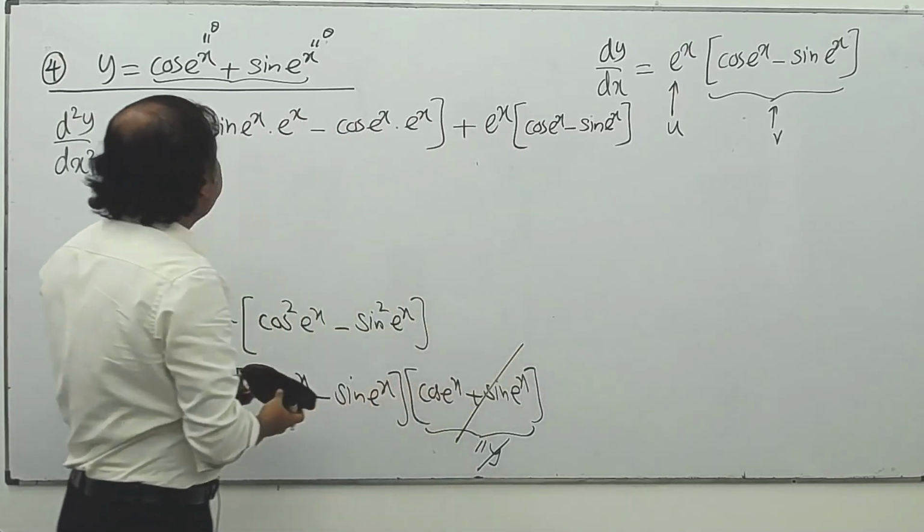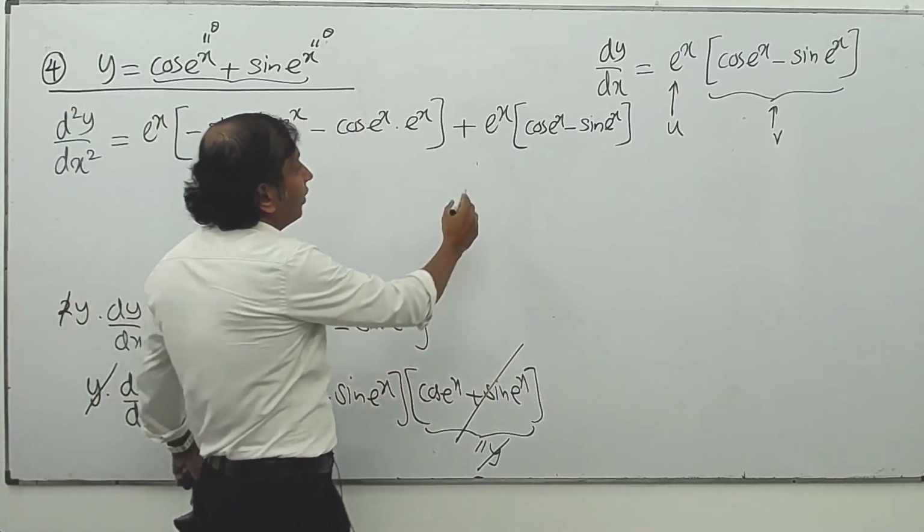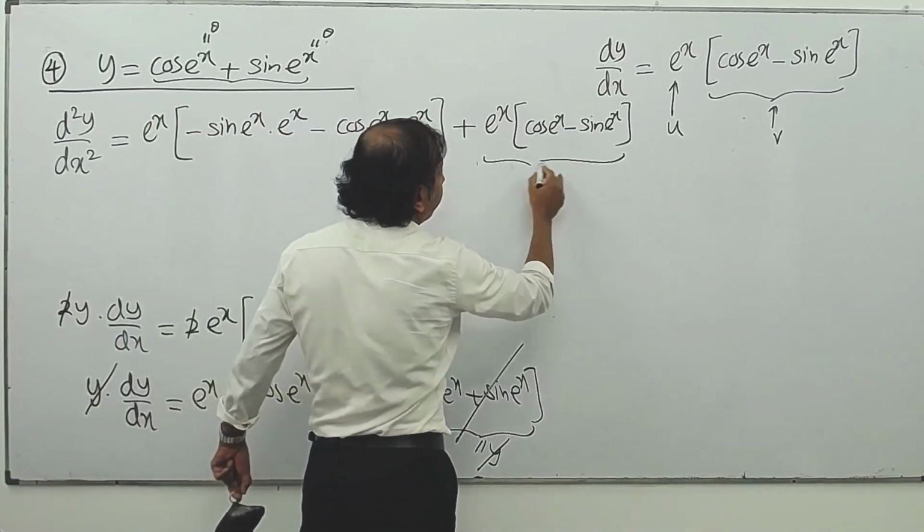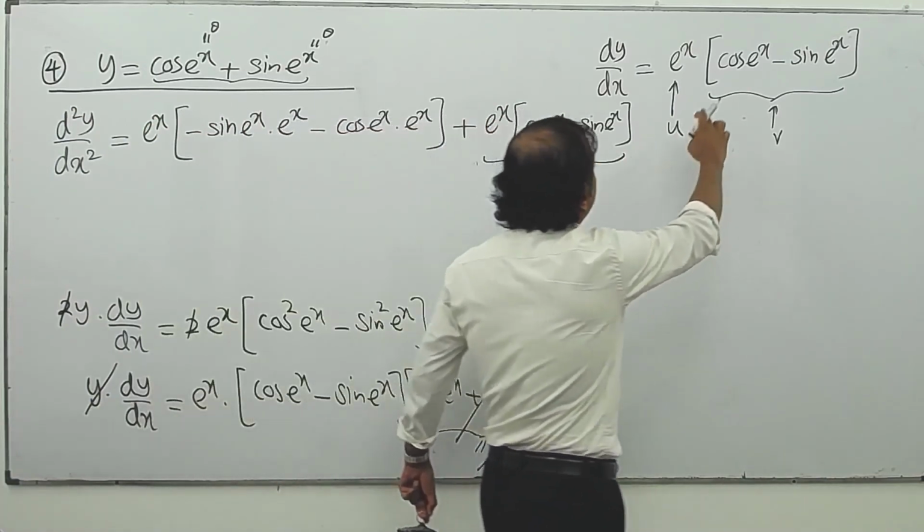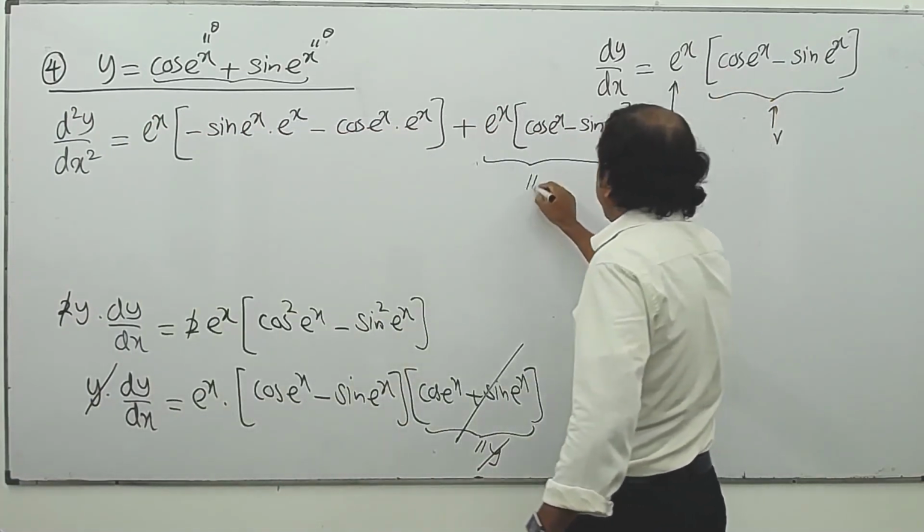Now you can really understand what this is. It is nothing but this. Therefore, this is dy by dx.